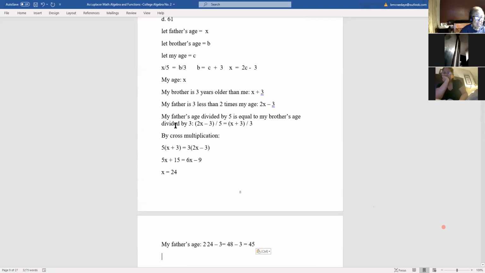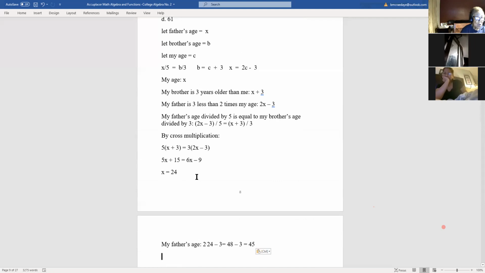Your age is X. Your brother's 3 years older than me, X plus 3. Your father's 3 less than 2 times my age, that's 2X minus 3. Your father's age divided by 3 is equal to my brother's age, and that's this. And then you can cross multiply and get X.